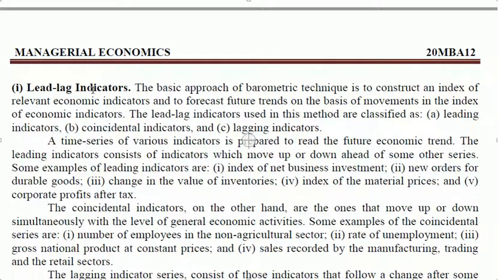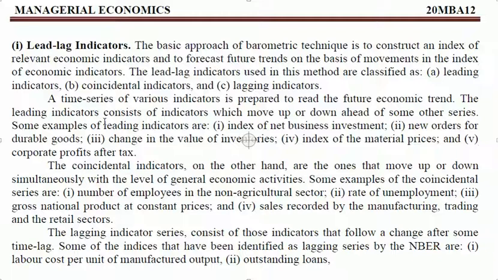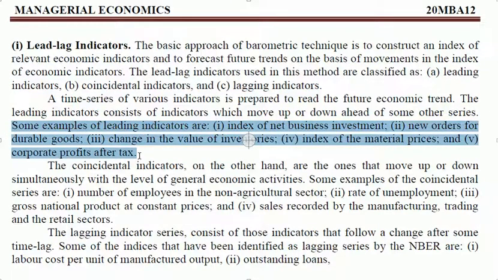The first one is the lead lag indicators, which tell us what is happening with the product. In lead lag indicators there are three: leading indicators, coincidental indicators, and lagging indicators.